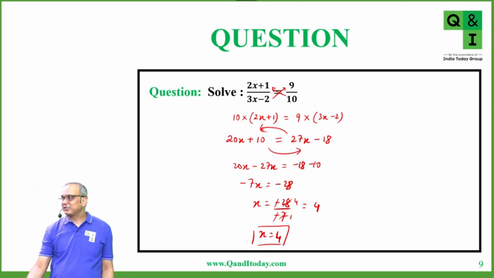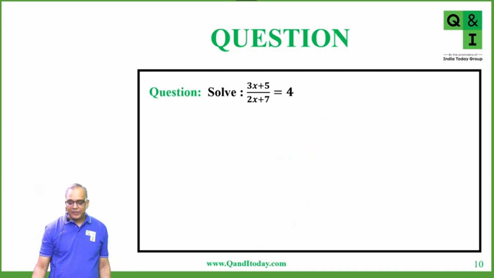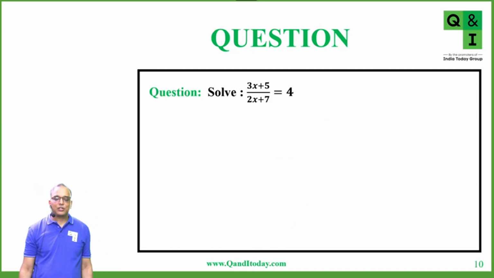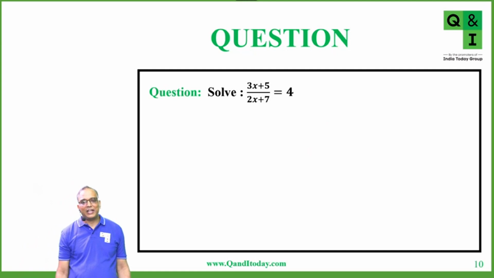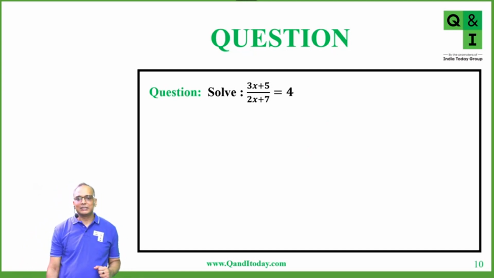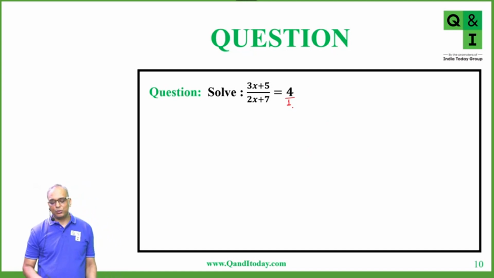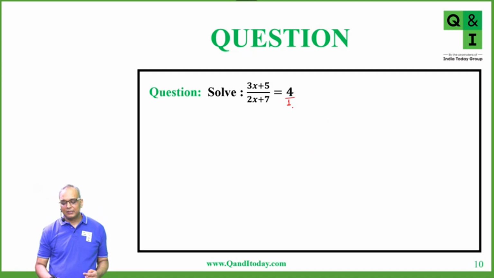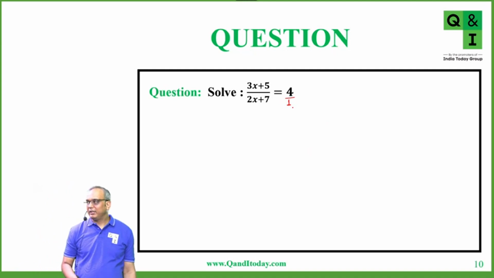Okay, students, let's go to the next one now. (3x + 5)/(2x + 7) = 4. You have to solve this. Because there is no denominator here, let's put a 1 in the denominator for you to understand the concept. Okay.